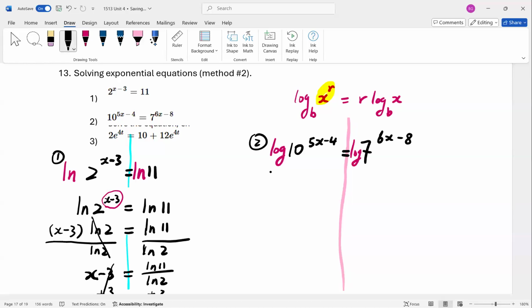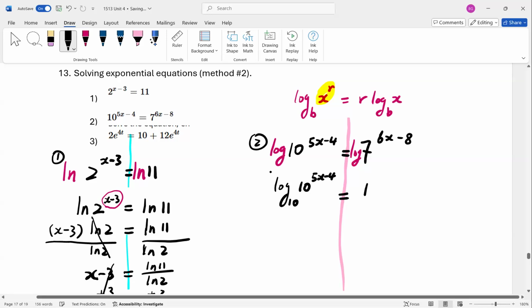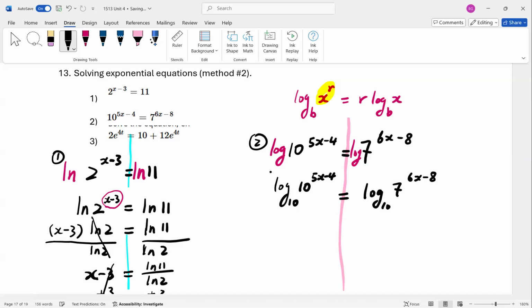The left side right now is log. Log means common log, okay? So you don't have to write base 10, or if you want, you can write base 10. And then 10 to the power of 5x minus 4. That's the left side. Right side right now is log with base 10 of 7 to the power of 6x minus 8.